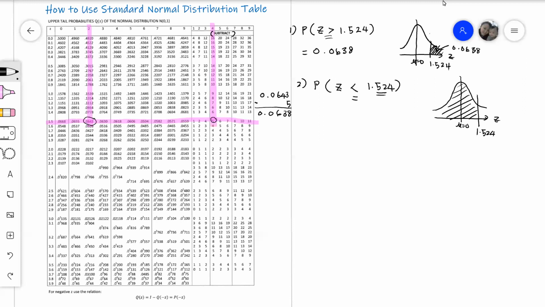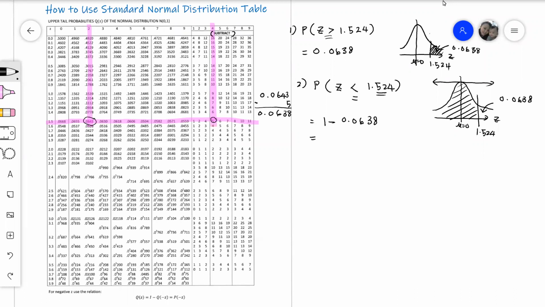In part one, we know that the area of the whole bell curve is 1. So we can take 1 minus the upper right tail. In part one, we found the upper right tail area to be 0.0638, so we just minus that away.